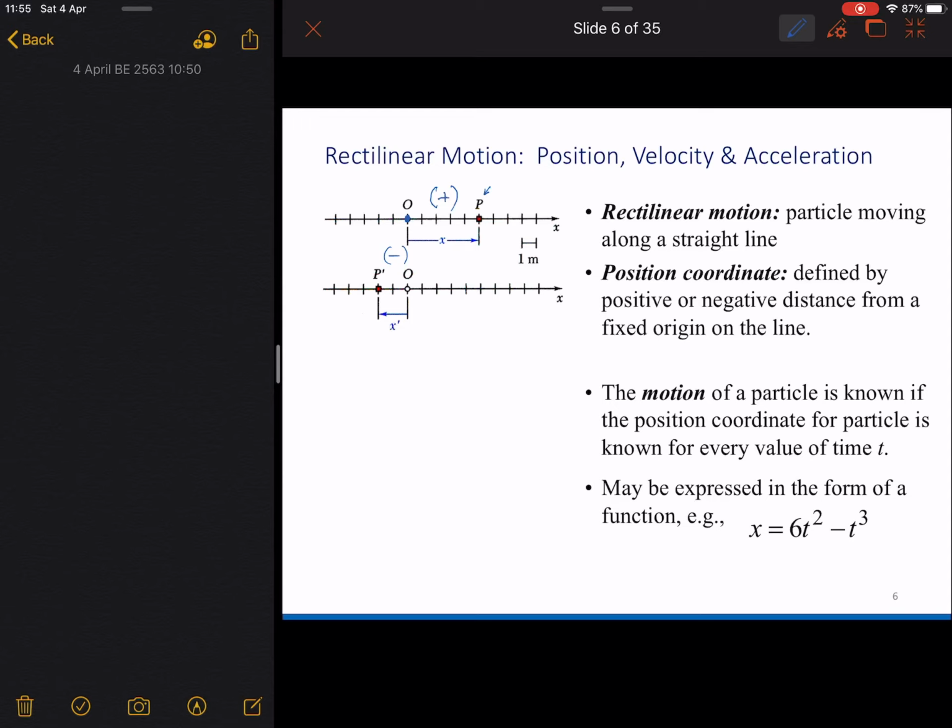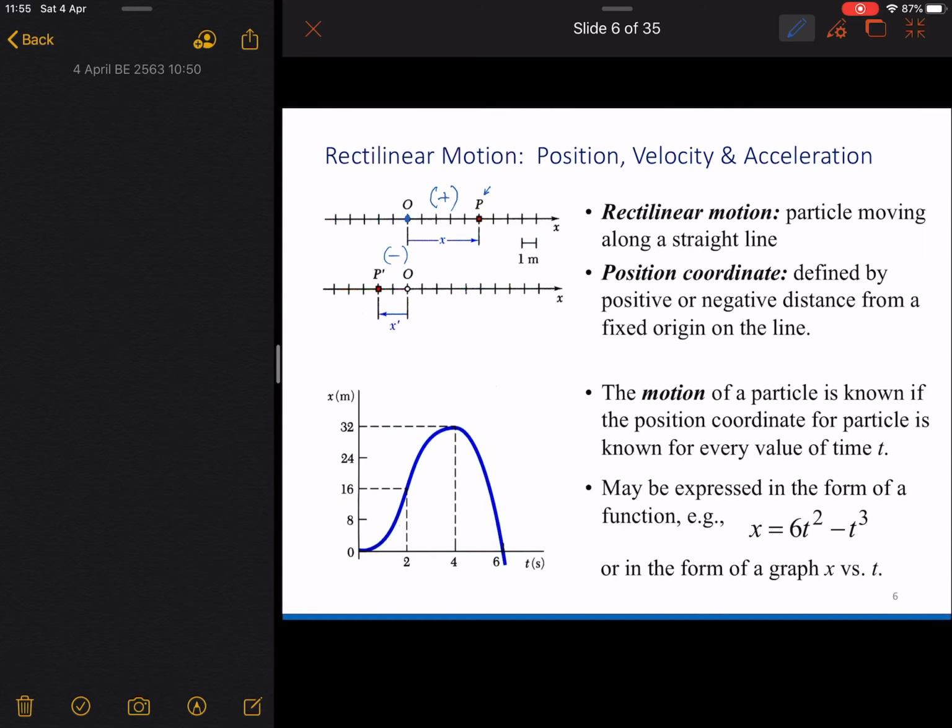So for the motion of the particles, the position coordinate of the particle is known for values of time. Here it's also said that there is a relation between the displacement and time. Here you can see that there is no time relation, but here we say it's a motion, so the position coordinate has to be correlated with time.